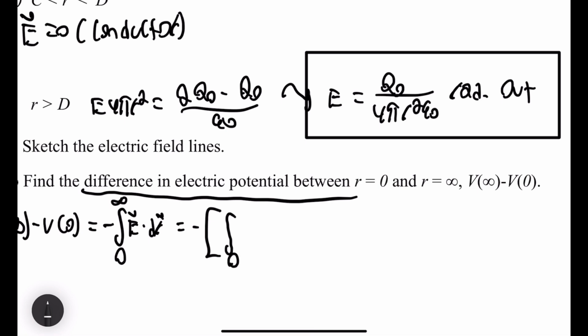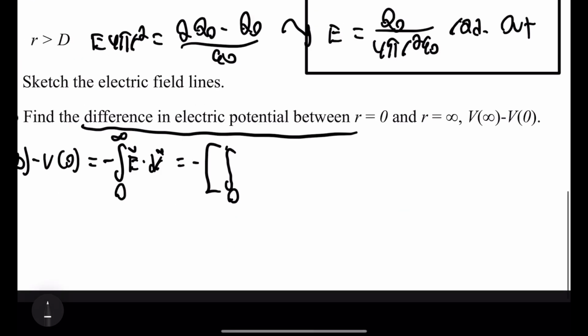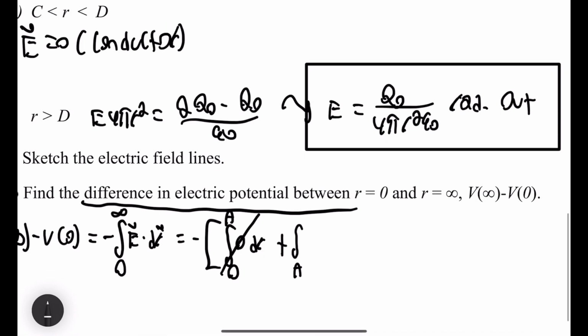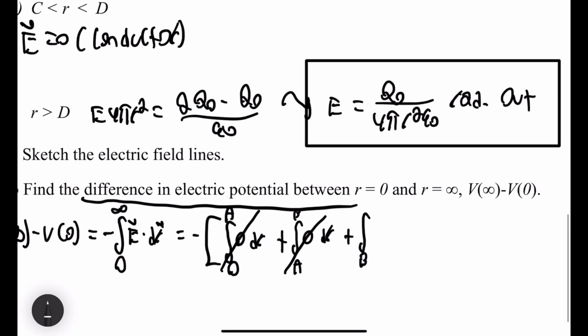I'm starting at 0, and then I go up to a, but this is 0 dr, so that goes away. Then I have another integral starting at a, and I go to b, but that's also 0 dr, so this also goes away. Now my next integral will be from b to c.